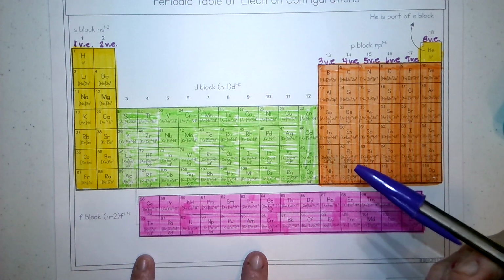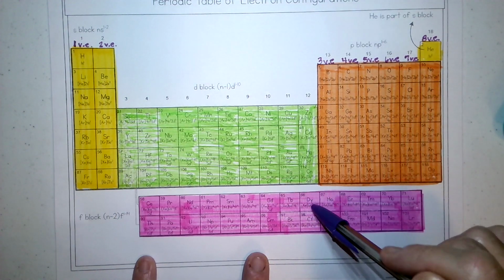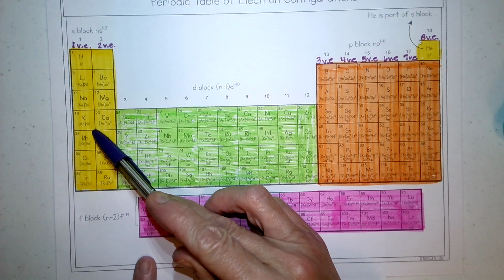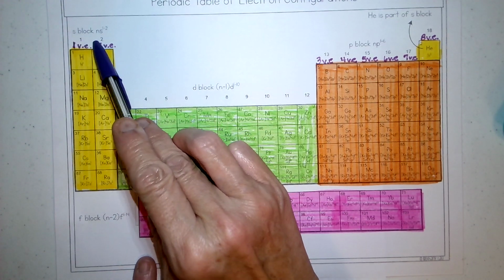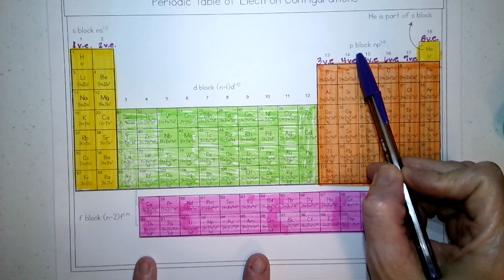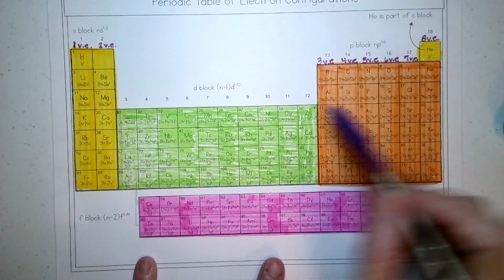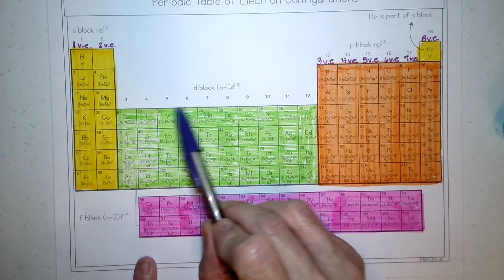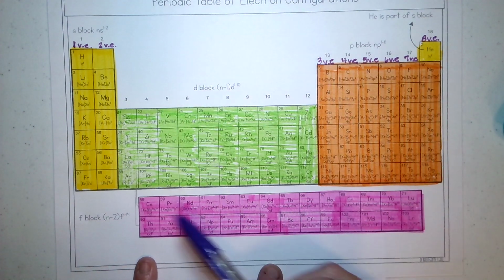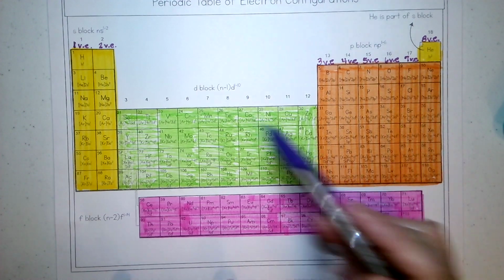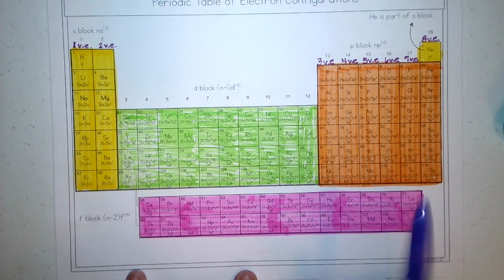But I do want you to know what these different blocks are. So we have the S as in Sam block. You see that right up there, S block. Then we have the P block, P as in Paul. Then we have the D block, D as in dog, and then we have the F block down here, F as in Frank. Okay, so S, P, D, and F.